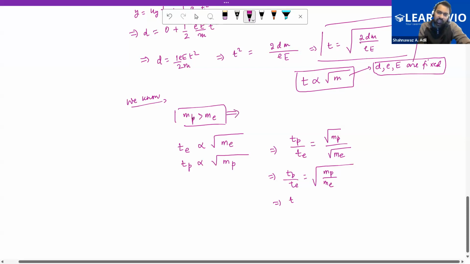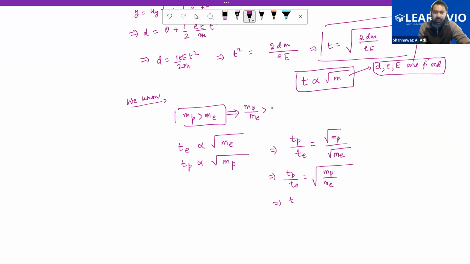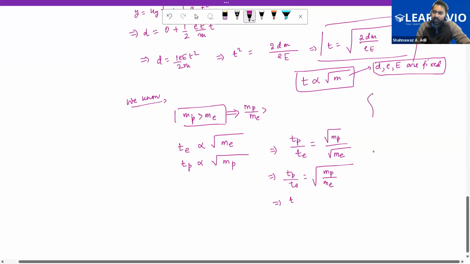So if we take ME to this side, what will we have on the other side? Let's say X is greater than Y. You take Y to the other side, X by Y. So what is remaining in this place? 1.